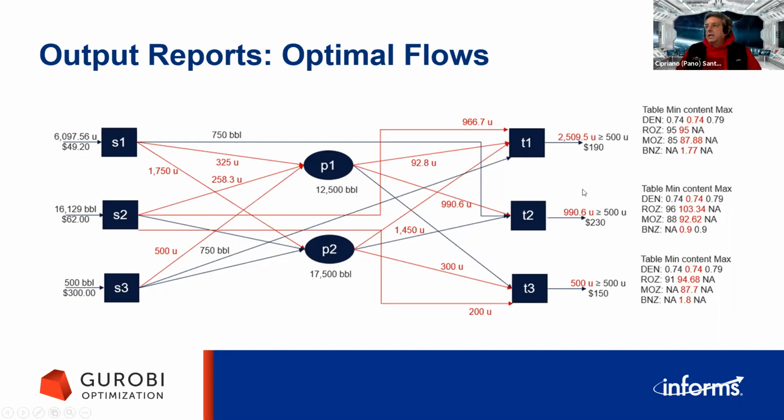And here is the blended oil that you are going to have at each target node. So you see that we are mostly producing more oil than required, except in this target node. And on this side, you see that the optimal solution satisfies the minimum and maximum tolerance.